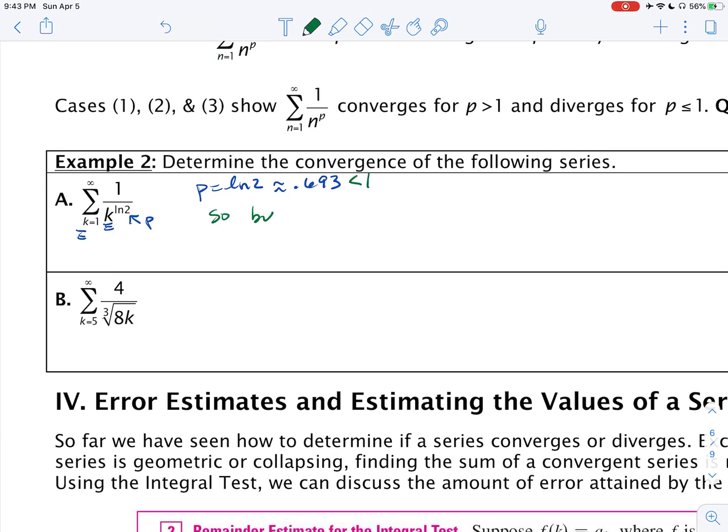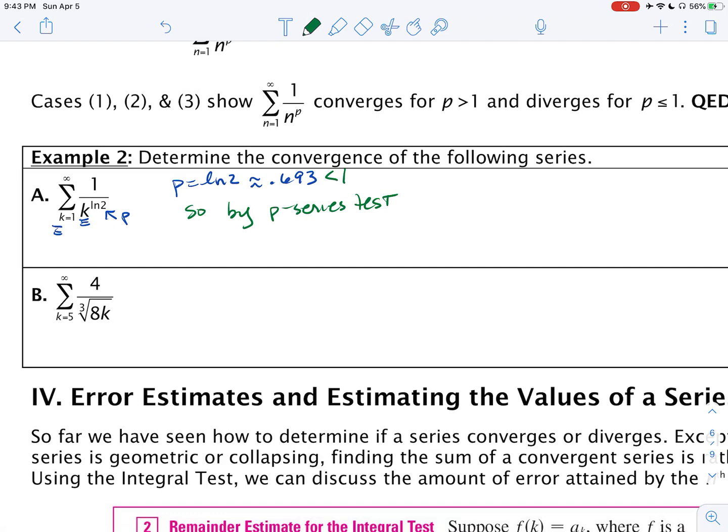So by the p-series test, because our series takes the form of 1 over n to the p, from 1 to infinity, with p less than 1, this series diverges.